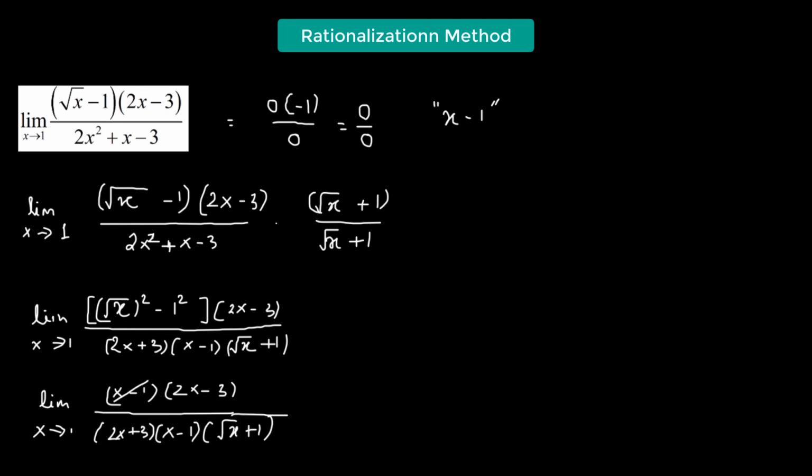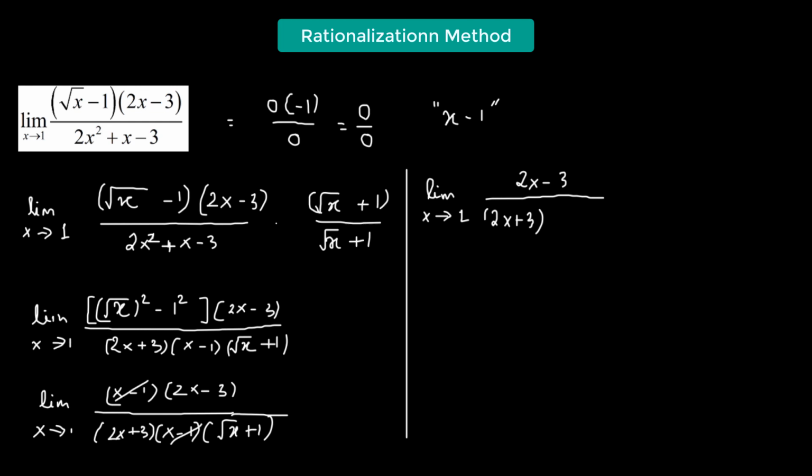So we can factor out the common factor, which is x minus 1, from both the numerator and the denominator, and that is going to leave us with limit x going to 1 of 2x minus 3 divided by 2x plus 3 times square root of x plus 1.